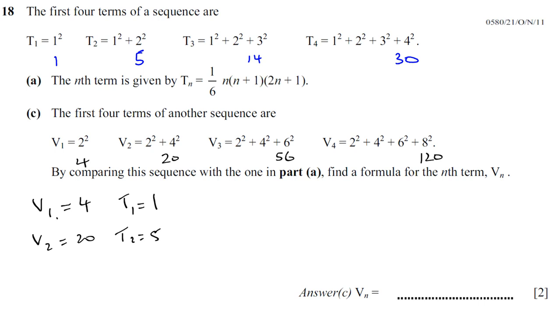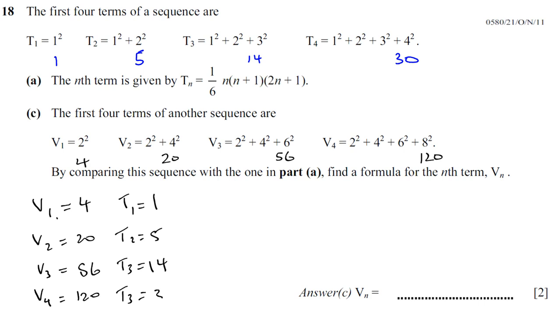The third term of V is 56, and the third term of T is 14, and the fourth term of V is 120, and the fourth term of T is 30.